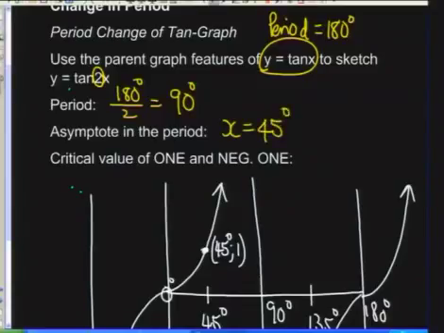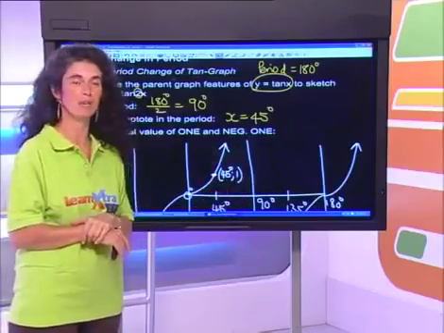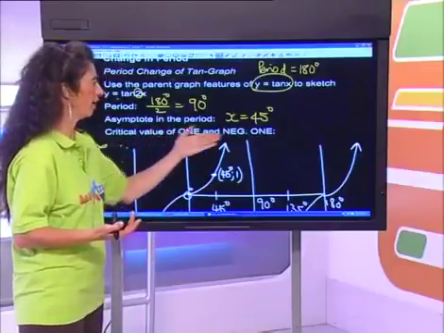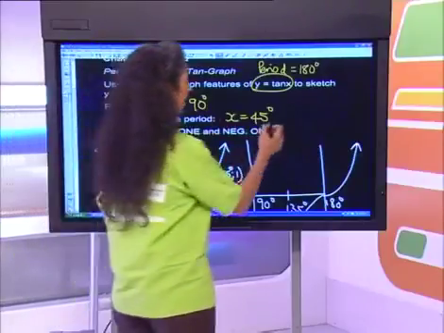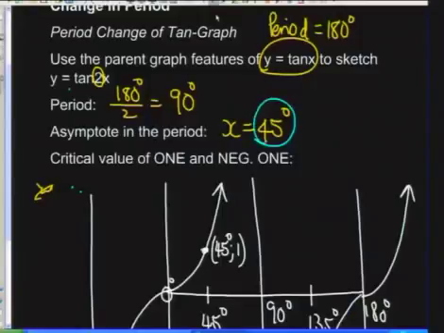And what are we going to find halfway between 0 and the asymptote? We're going to find the special point 1. So what I've called the critical value of 1 and negative 1 would be half of our 45 degrees. So we would get 22 and a half.